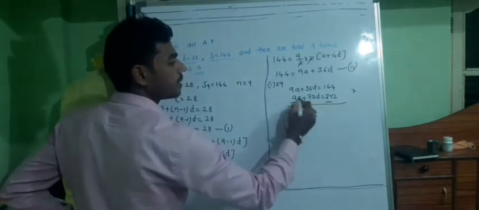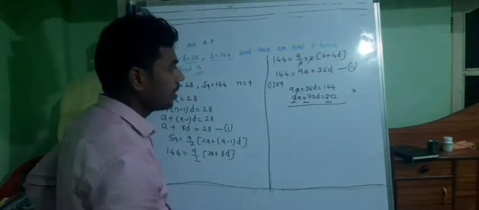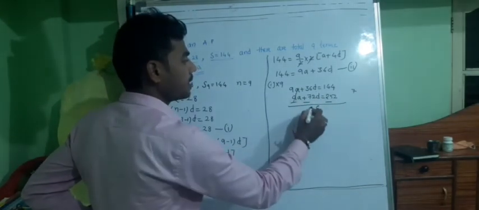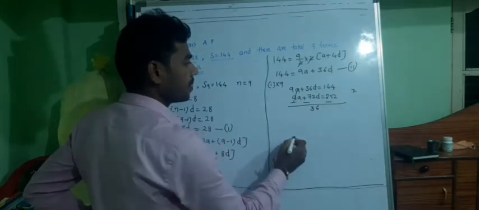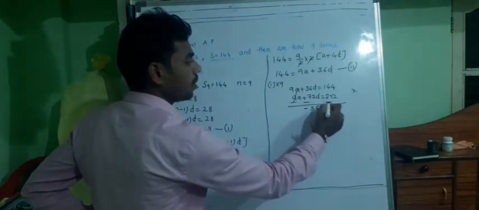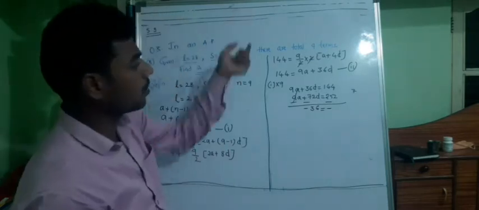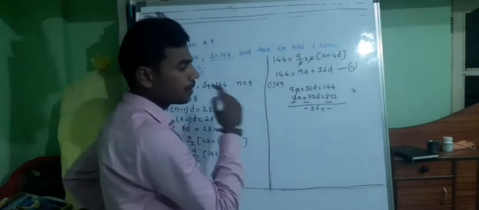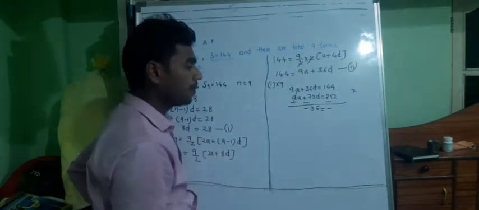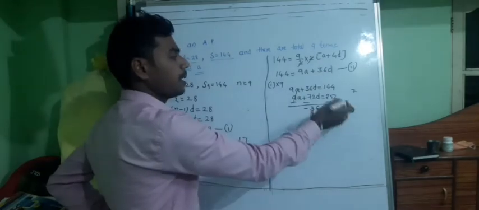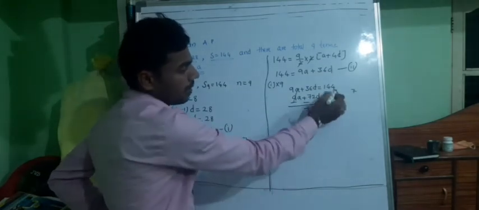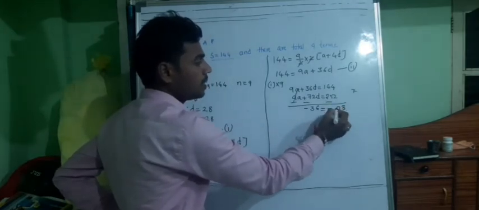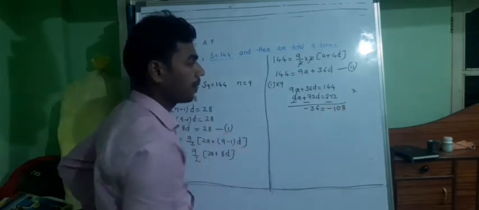Minus, minus, minus. 9A, 9A will get cancelled. 12 minus 6, 6. 6 minus 3, 3. So 252 minus 144. In this, 252 is greater and it is associated with the negative sign, so I'll keep the negative sign. Subtract bigger minus smaller. 12 minus 4, 8. 4 minus 4, 0. 2 minus 1, 1.